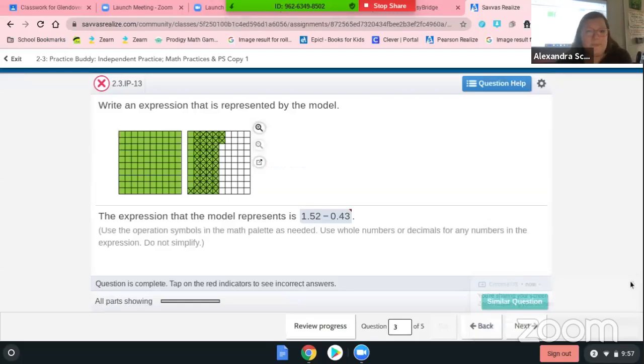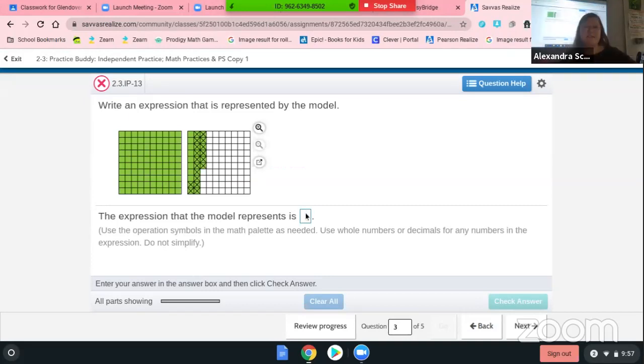Okay, so you counted. First find the whole. So we've got one whole and then how many tenths and hundredths? 2 tenths and 6 hundredths. So 1 and 26 hundredths.